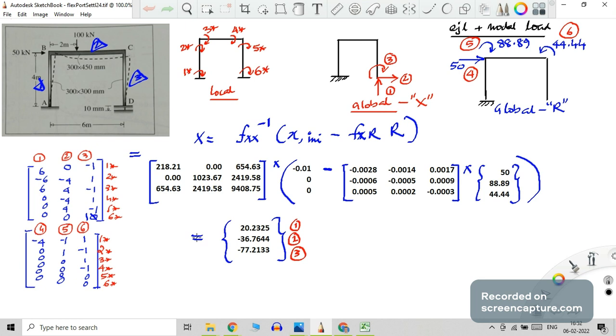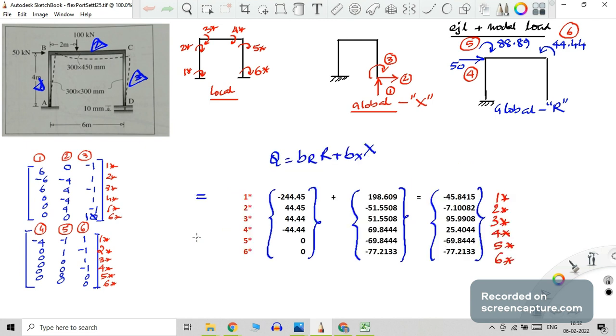So there your solution is over, but you need to go for post processing in order to get the member forces. Wherever the inverse matrix comes in the equation, that is the solution step. After that, you need to go for post processing.